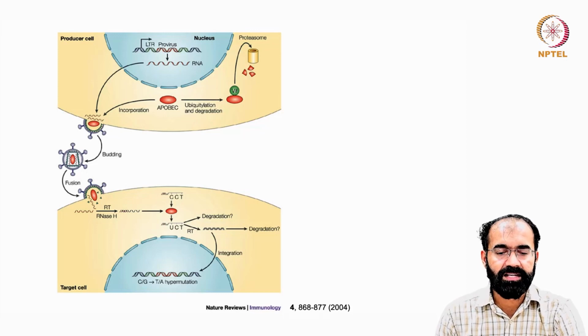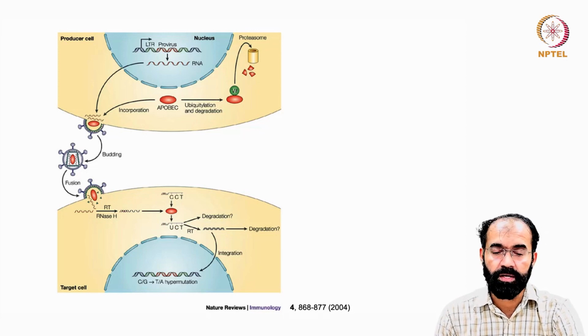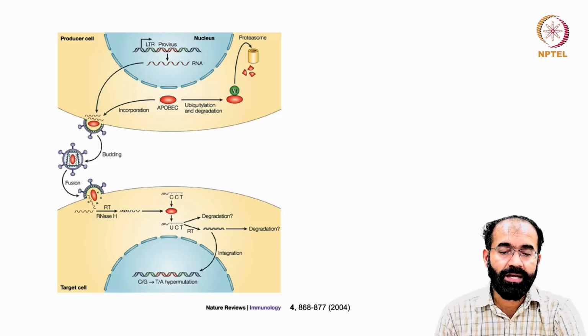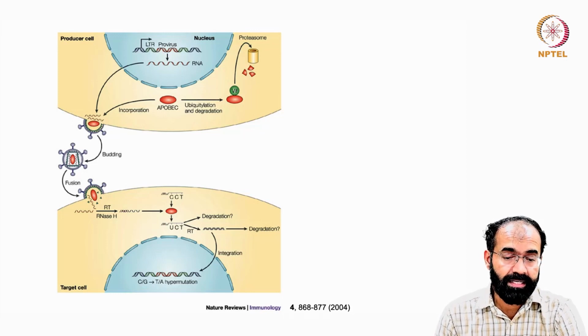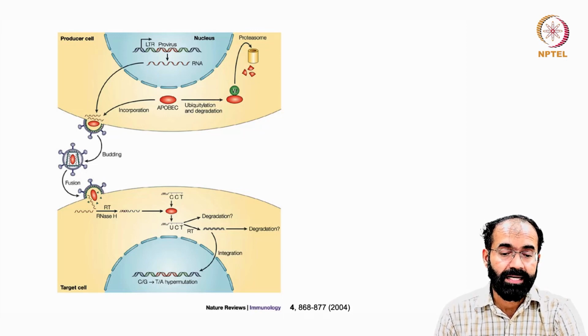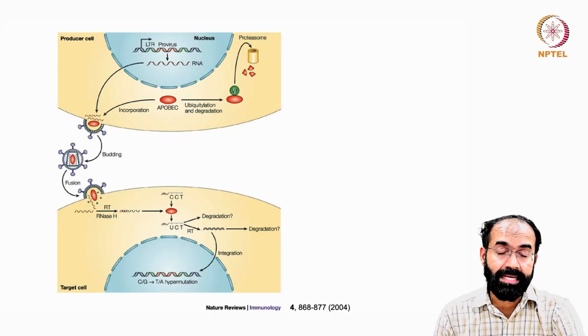So what we should understand is that APOBEC is from your body, and APOBEC is a very interesting situation, because normally if APOBEC is produced, it has to do its job, that is causing the cytidine deamination. Usually it undergoes degradation if VIF protein is present.